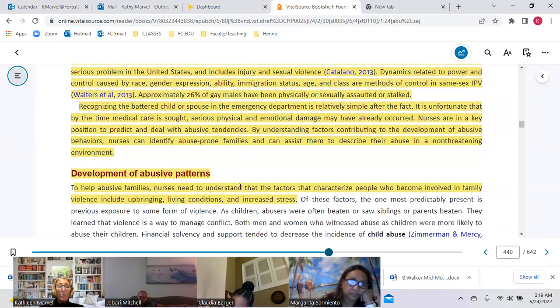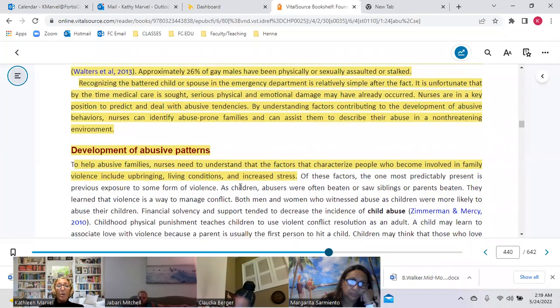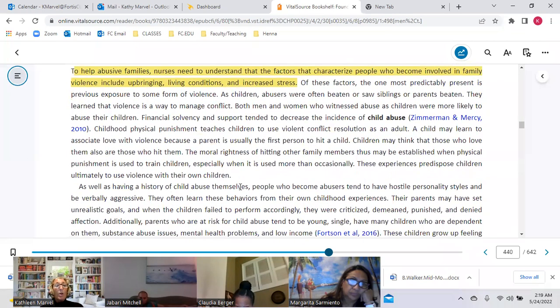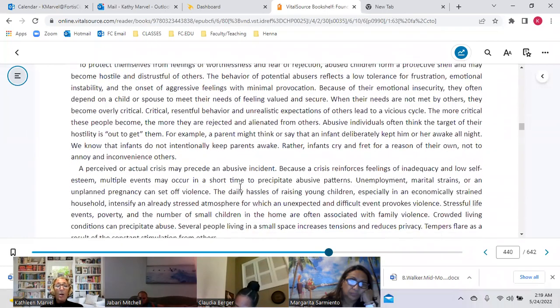How do you talk with those families? How do you talk with those kids? We also need to have an understanding of what abusive patterns are. They have to do with their upbringing, their living conditions, increased stress, if they lost a job.